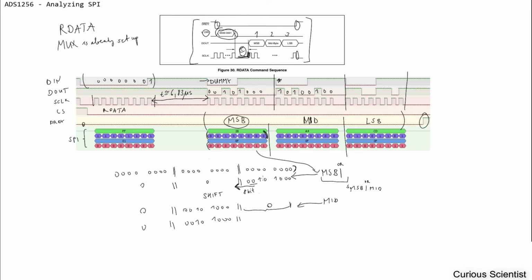And then here comes this guy here. So 1, 0, 1, 0, and then 0, 1, 0, 0. So this is fine. And now again we have to shift this number by 8 bits.